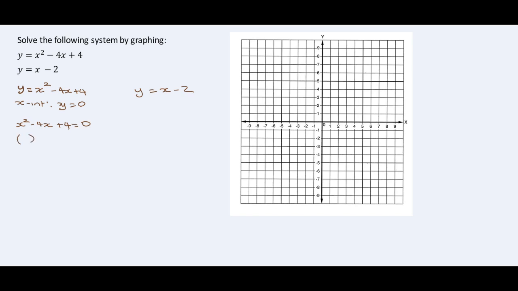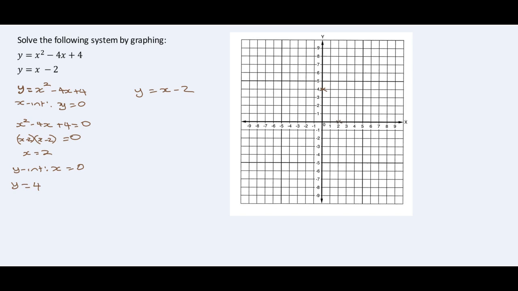That's going to give us x minus 2 equal to 0, so x equals 2. For the y-intercept, x equals 0, so y equals 4. So we have the point right here, y equals 4.